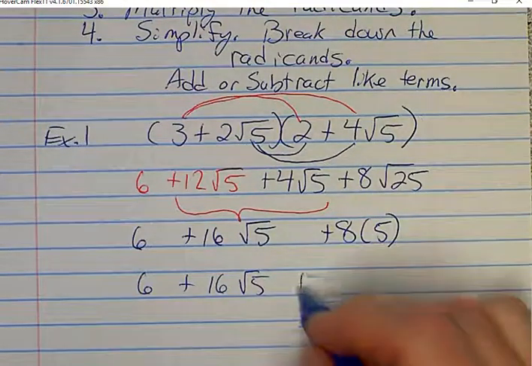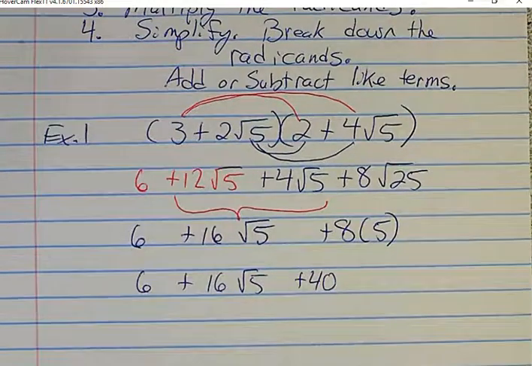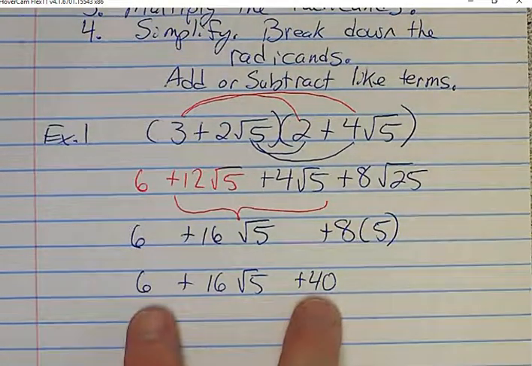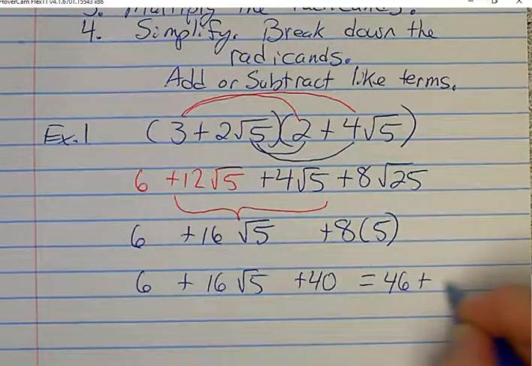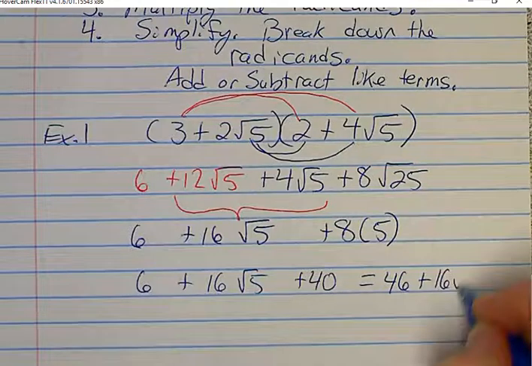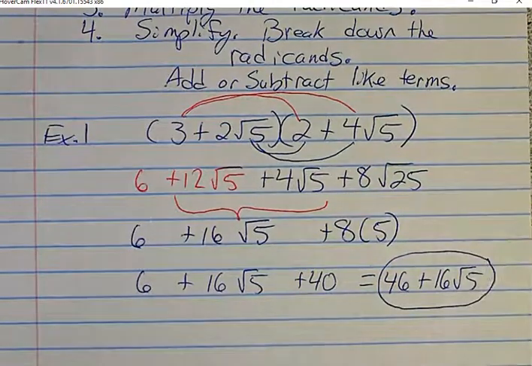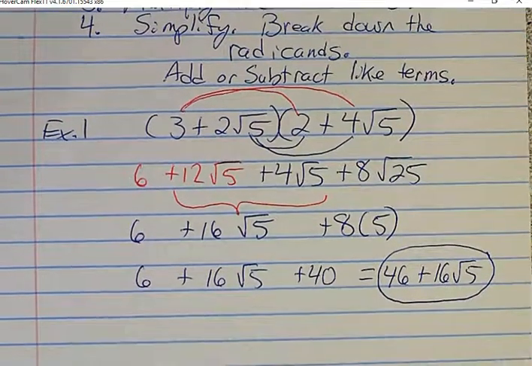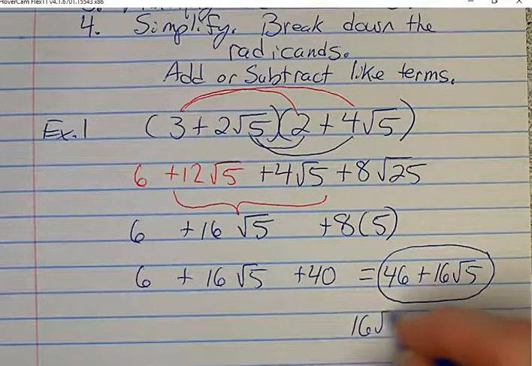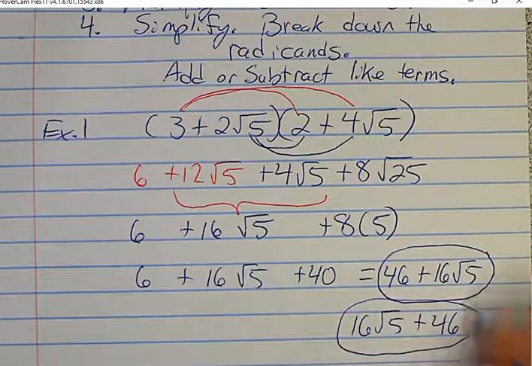Do 8 times 5 and make it 40. And you can add the 40 plus the 6 and make that 46 plus 16 square root of 5. And which one you put first, it doesn't matter. If you put the 16 square root of 5 first and the 46 behind it, either way is fine.